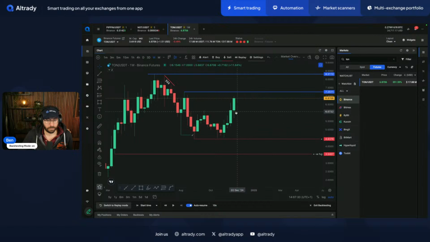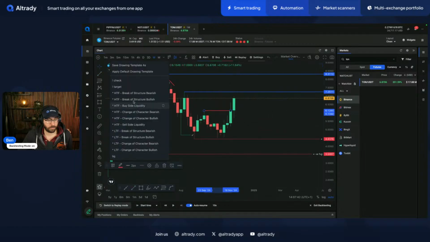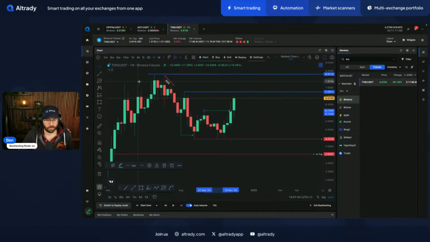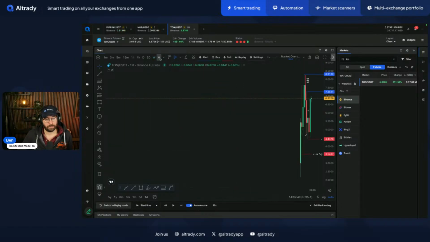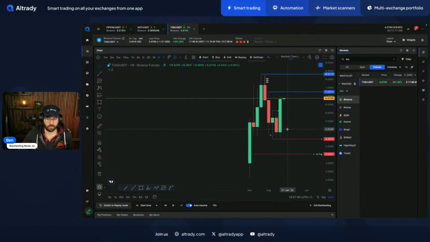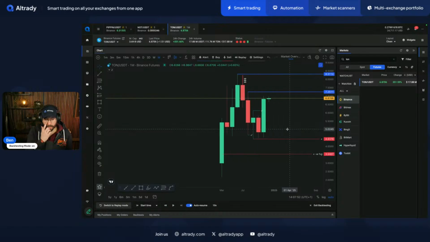Well, this is a pretty interesting market, because if you look back on the monthly time frame, it looks very bullish to me. But on the weekly, it is not that bullish. I don't see typical bullish here yet.